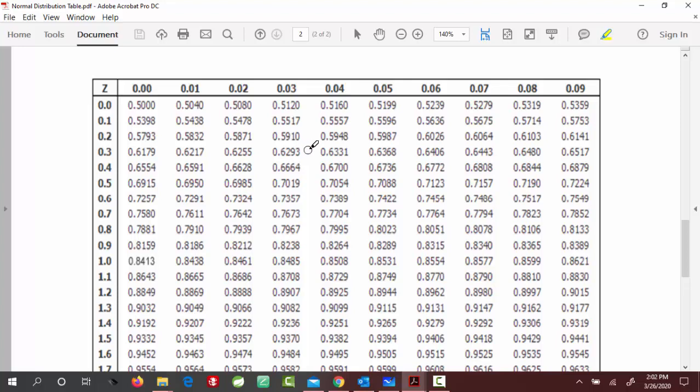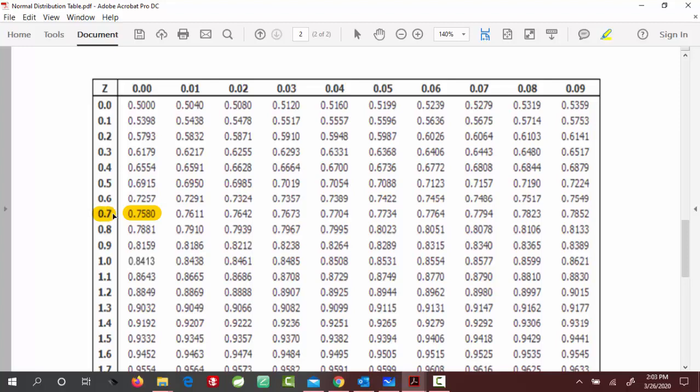This is a normal probability distribution table, and in these values we have to find the area on the left side. Our area was 0.758, so look for the number 0.758, and the corresponding z value would be here.